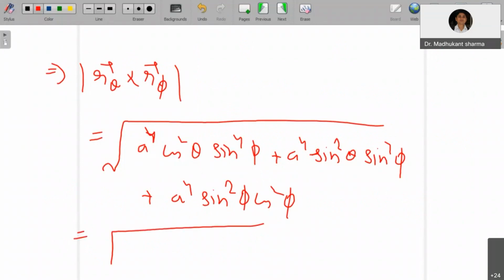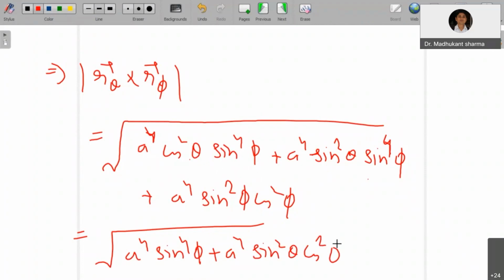So that's the square root of a to the power 4 sine to the power 4 phi out, and sine square theta plus cos square theta is 1. So you have a to the power 4 sine to the power 4 phi plus a to the power 4 sine square phi cos square phi.